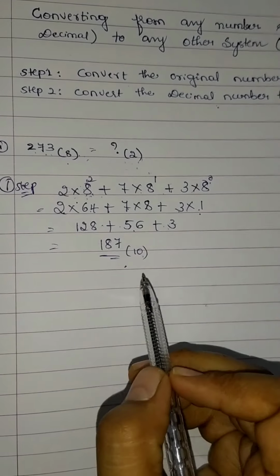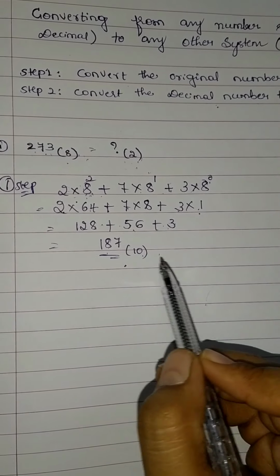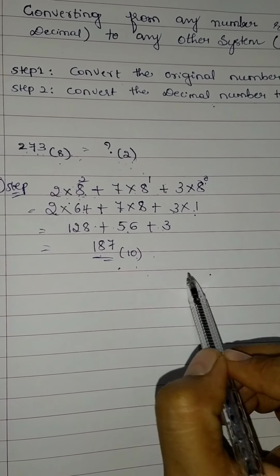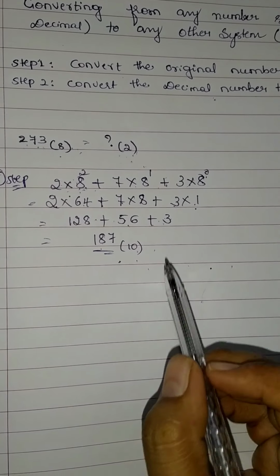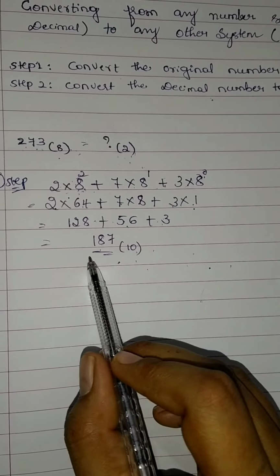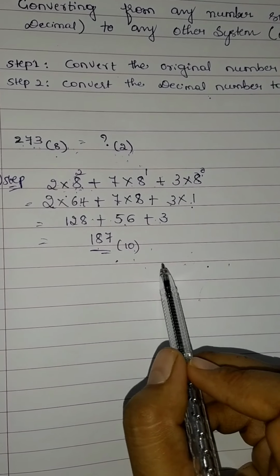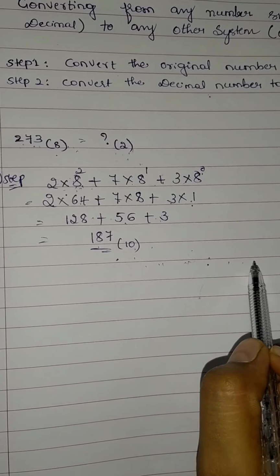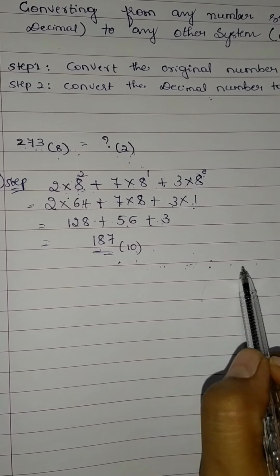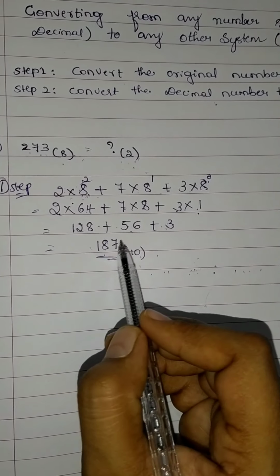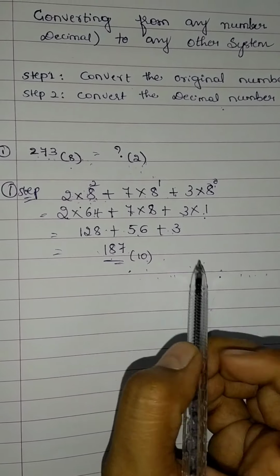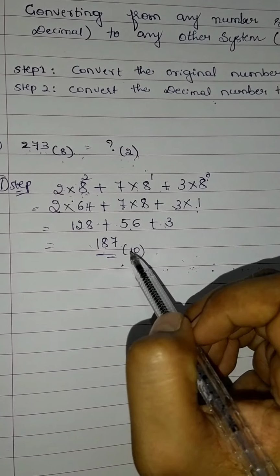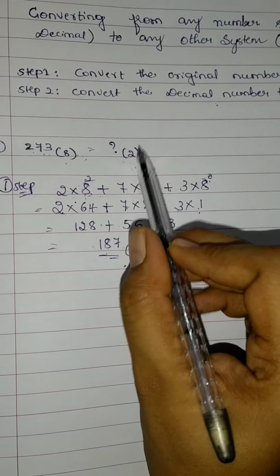How to convert the decimal number system into binary? Decimal to binary, or decimal to any other number system, is nothing but division. If you get decimal as the first word, then that needs to be divided. We need to divide this 187 by 2, because we need to convert this decimal number into binary.